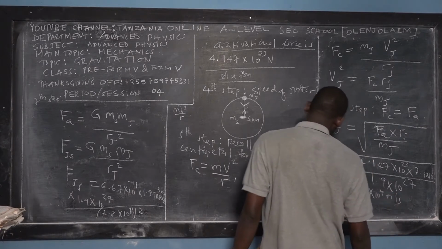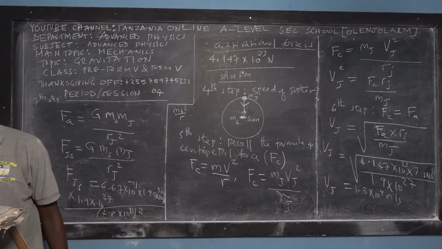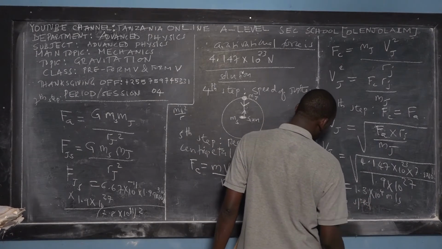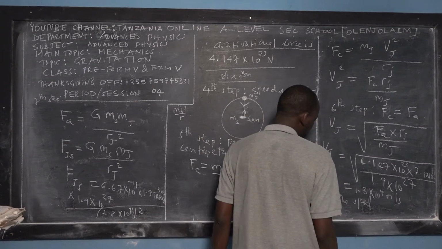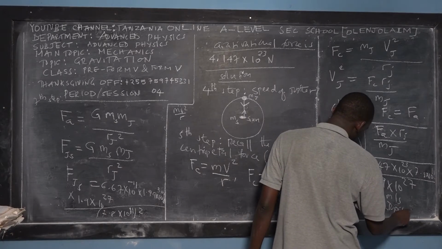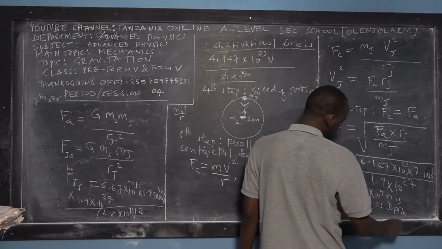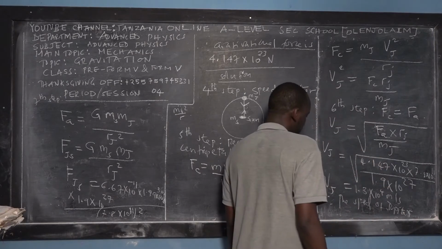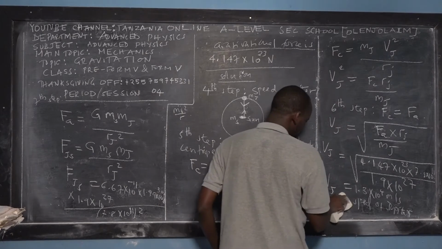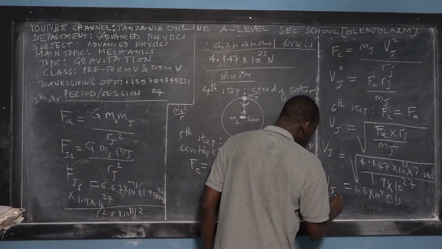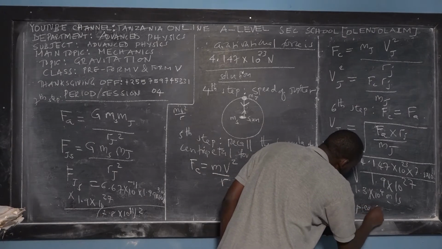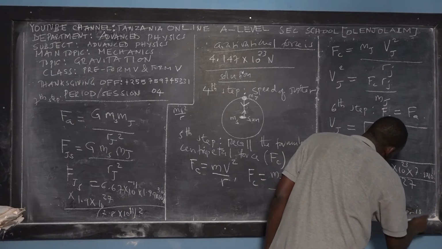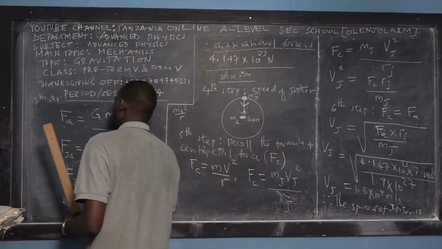So you say, therefore, the speed of Jupiter is 1.3 exponent 4 meters per second.